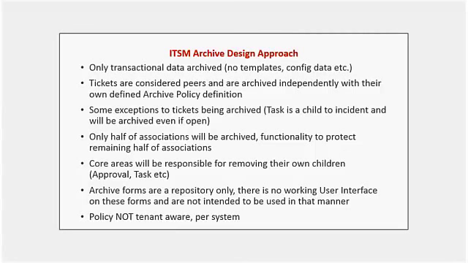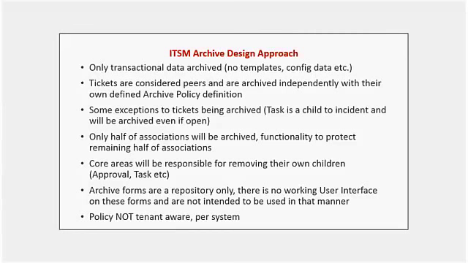I think as everyone knows, archives are really defined in a data model where there are two halves to an association. Incident related to change, for example, has two halves to that association record. When the incident is archived, one half of the association will be archived as well.